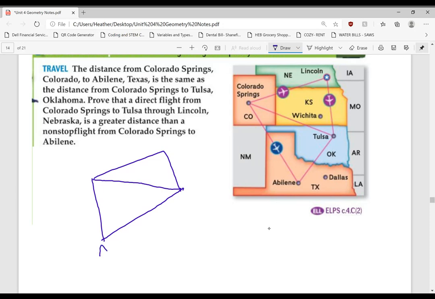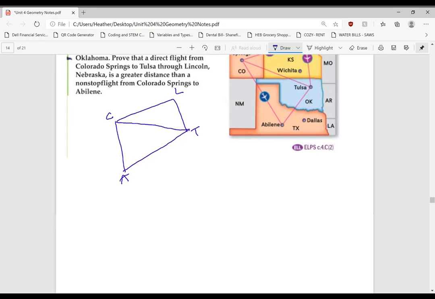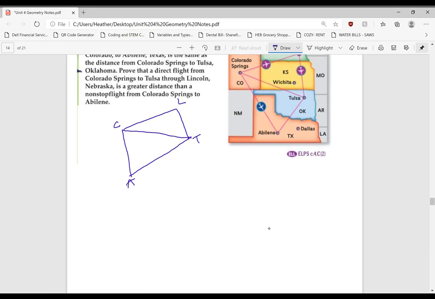Okay, so this is A, T, C, and L. So we're given, your guys' favorite, we're doing a proof. We're given that CA is equal to CT. We're trying to prove that CL plus LT is greater than CA.